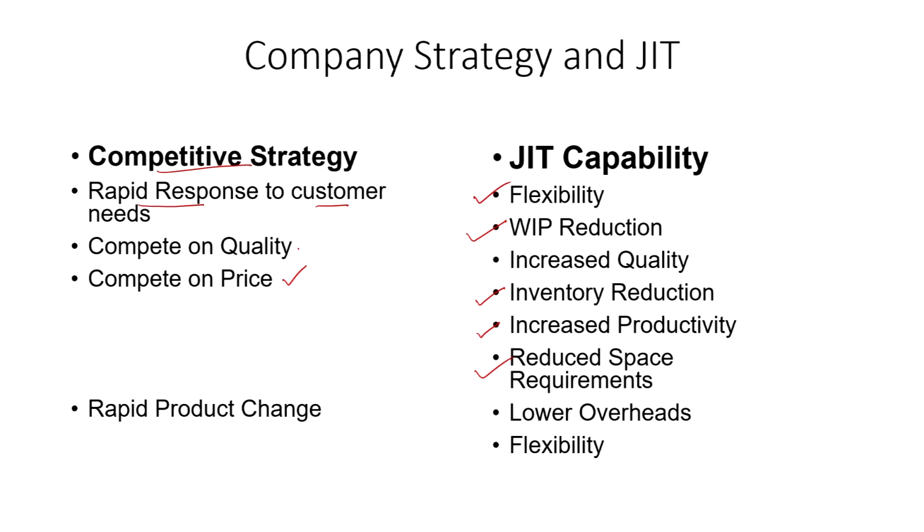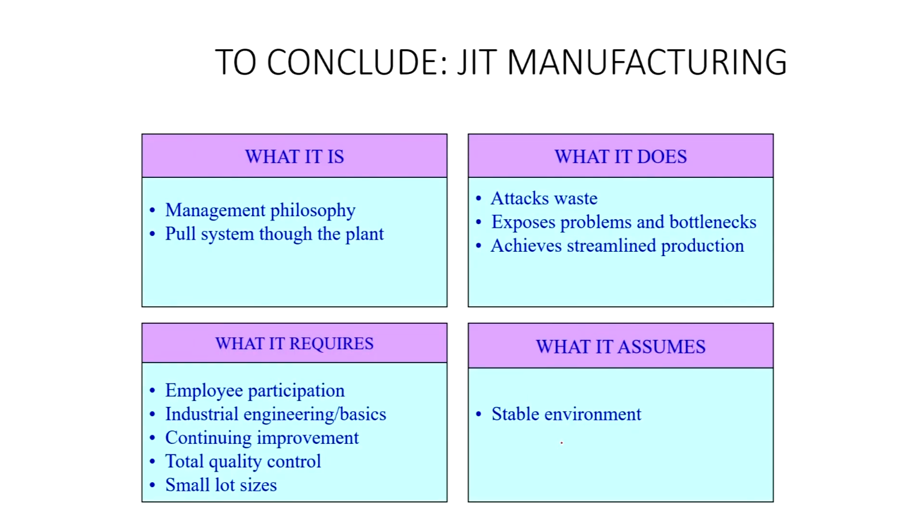Then you are competing on quality, by better quality, by Pokayoke and other quality tools we are improving. And then you can bring rapid product changes also by lowering the overhead and by bringing flexibility into the system. So, to conclude, what is JIT manufacturing?